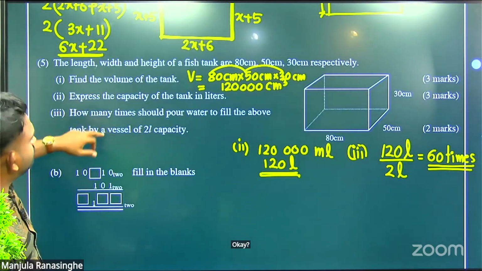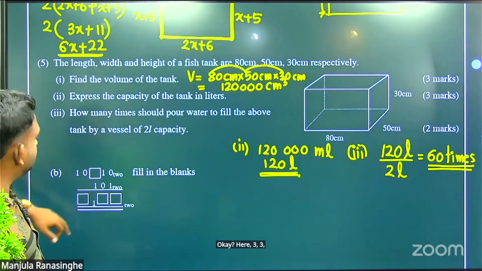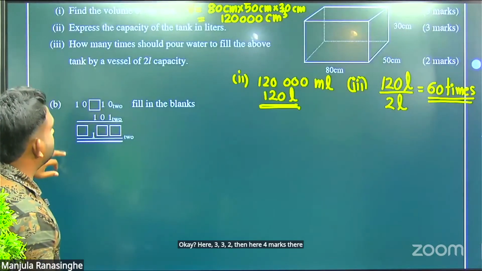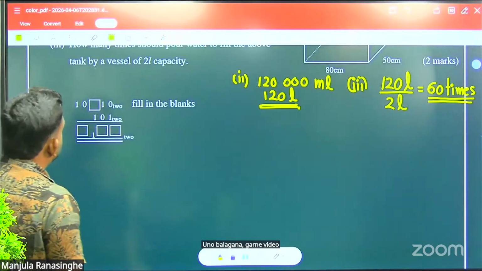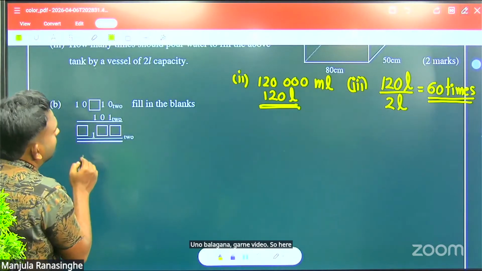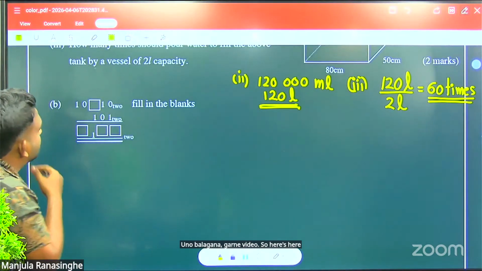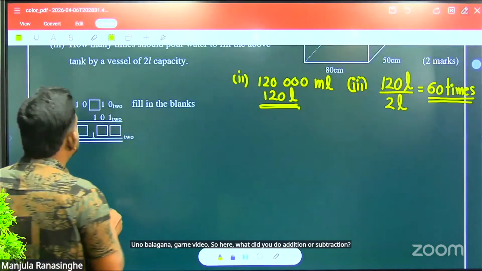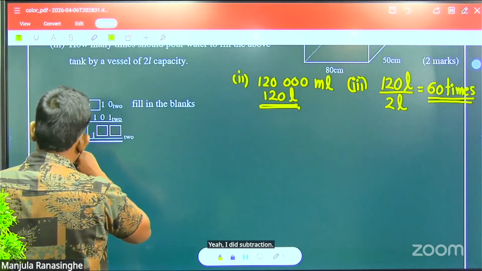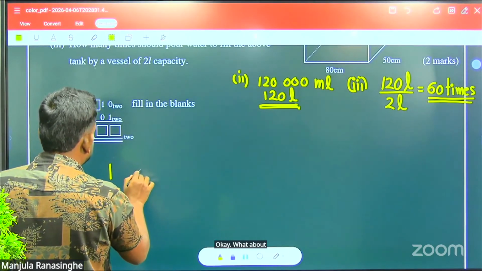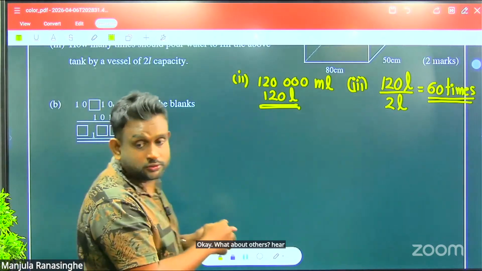Here 3, 3, 2, then here 4 marks for part B. So here, what did you do, addition or subtraction? I did subtraction. What about others? Subtraction, sir.